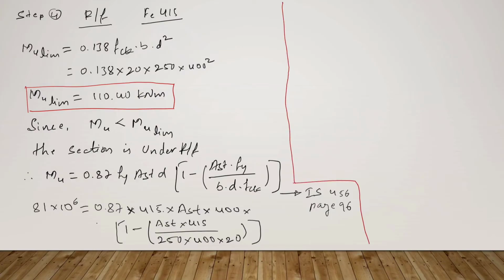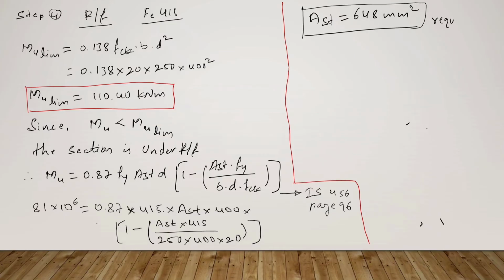After solving this equation, we will get Ast is equal to 648 mm square. This is the required area of steel reinforcement.